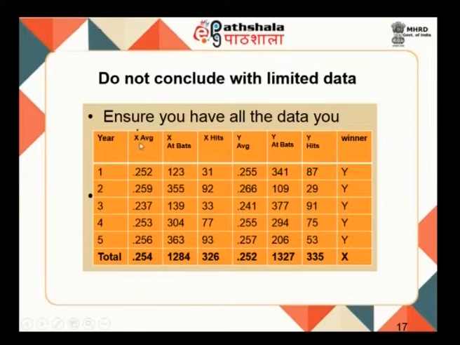Say you have person X's average, how many runs were scored by that person, how many matches were played by that person, and so on. For each person we take the total of their averages and batting scores, and finally we find that person X has a higher average when compared with person Y.